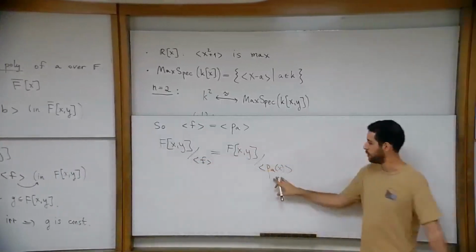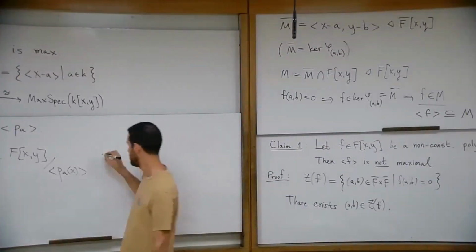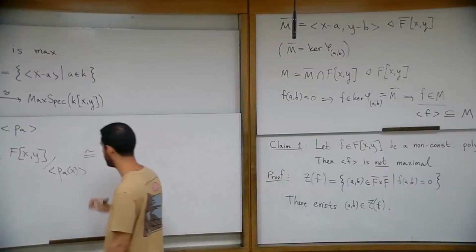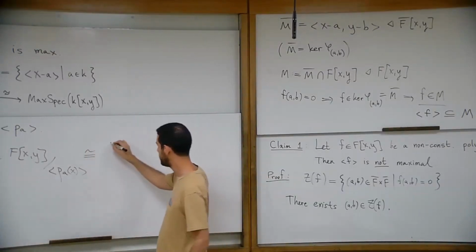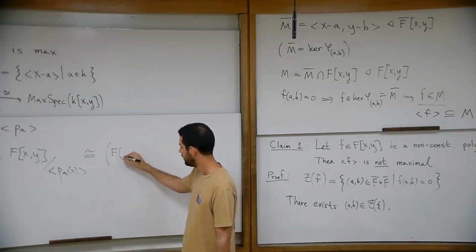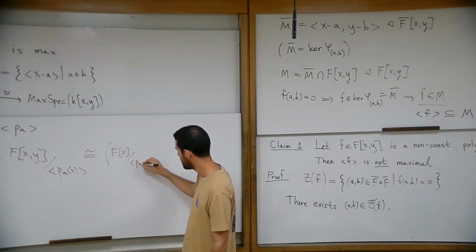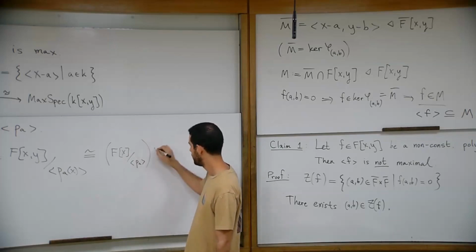But this is a univariate polynomial. It only contains x and not y. So it's not hard to show. In fact, it's a nice exercise to show that it's isomorphic to what? To the quotient F x mod P of A, with y.